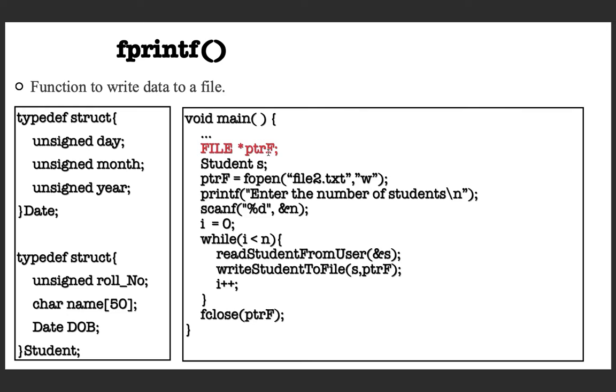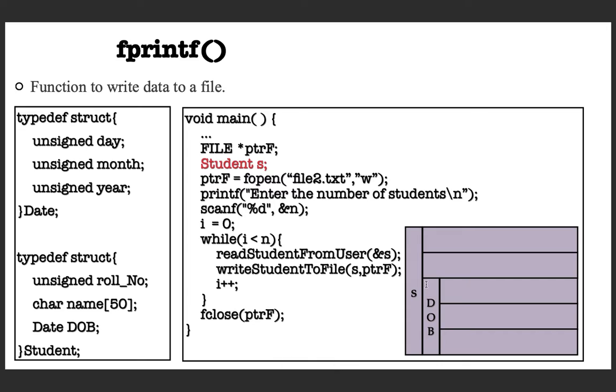You can open a file and the handle can be caught in this pointer variable, and then you are declaring a variable of the structure student. So you will be getting a variable of that kind. You can depict it like this. This is the variable S. It is having 5 fields: roll number, name, date of birth, which again is composed of day, month and year. So that is the composition.